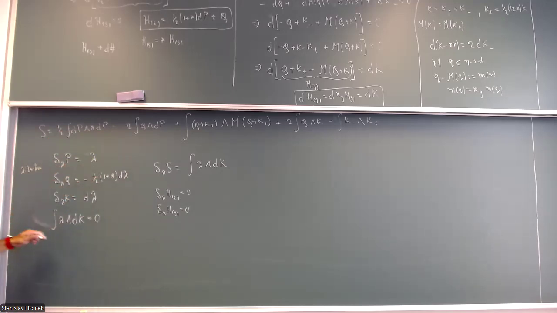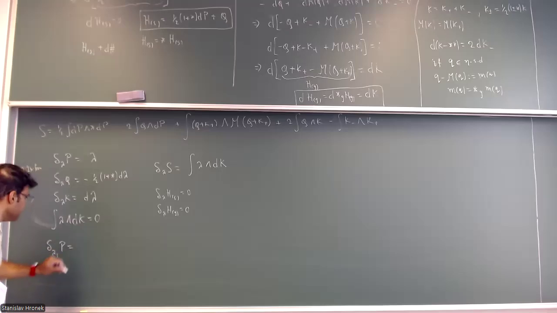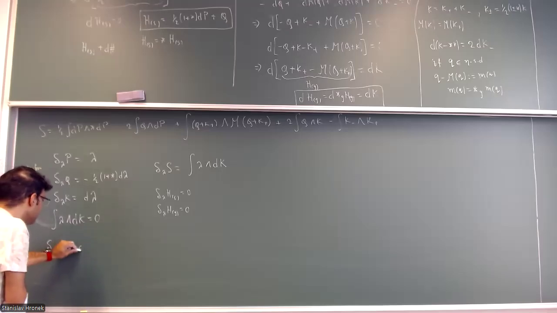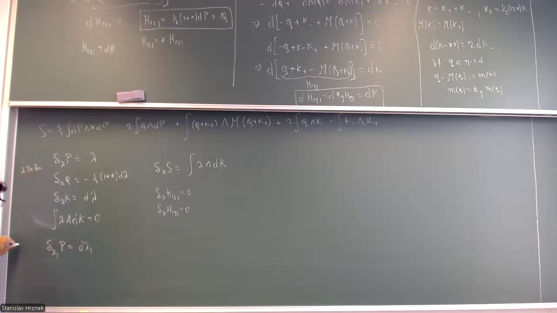Okay. So this is a set of gauge symmetry that this action has. There is another set of gauge symmetry it has, which is the trivial one, where, let me call it lambda 1, delta lambda P is d of lambda 1. Now lambda 1 is a 2n minus 1 form. And of course, everything else is unchanged under this.